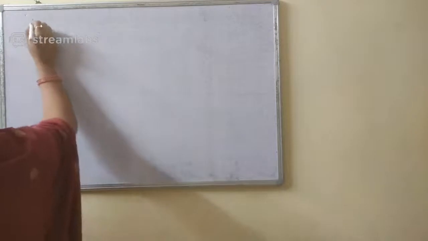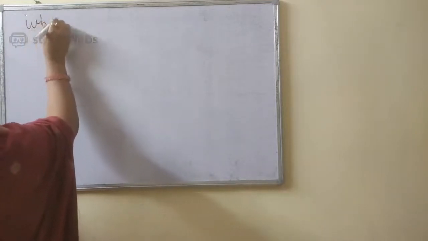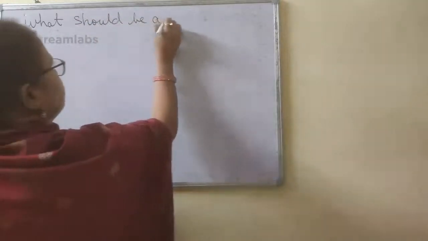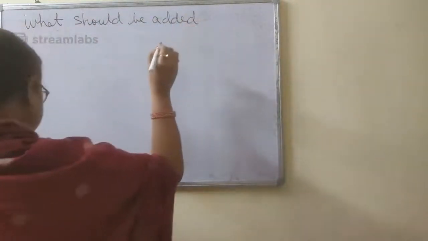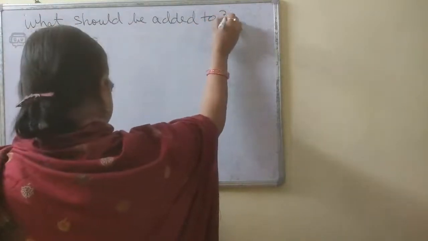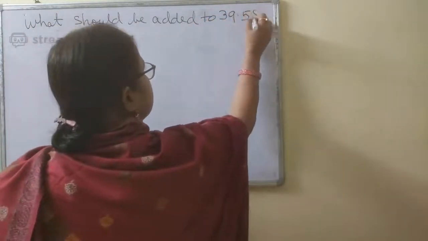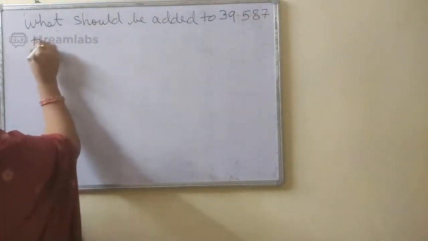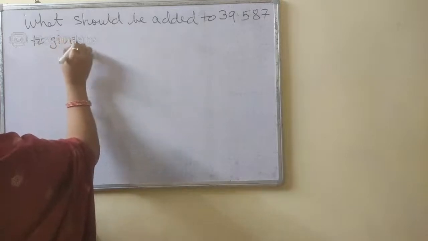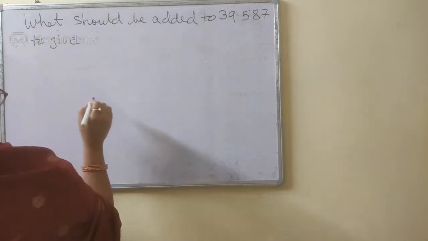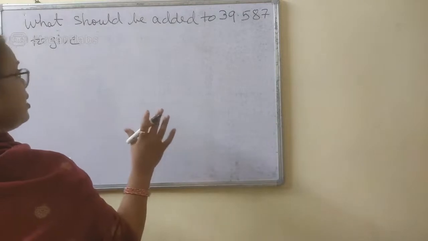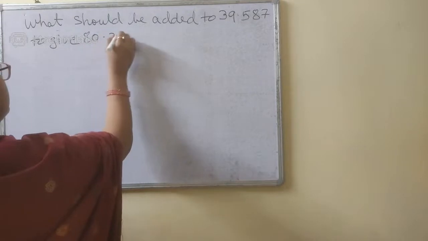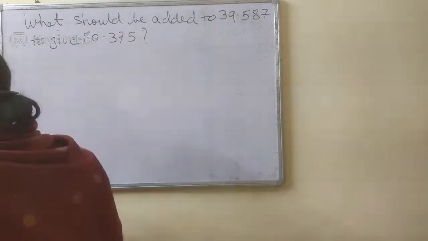What should be added to 39.587 to give 80.375? This is the question.